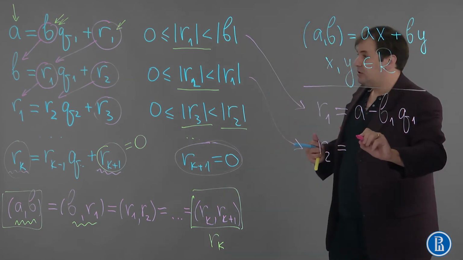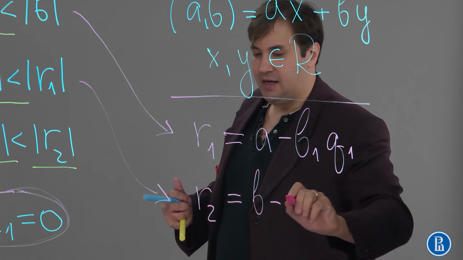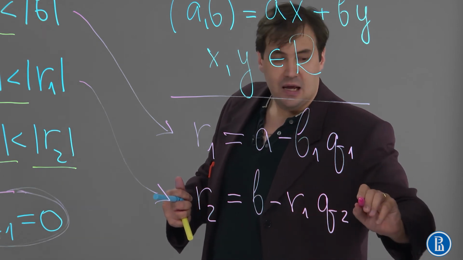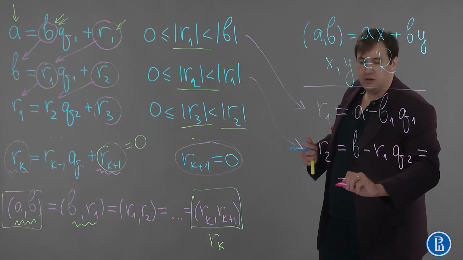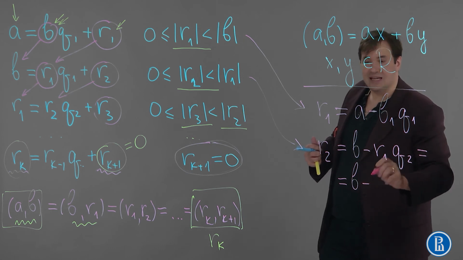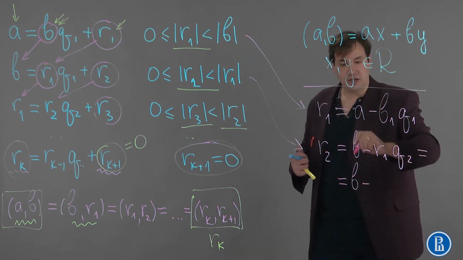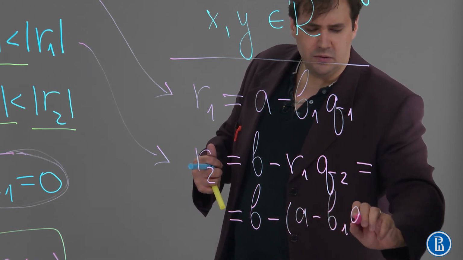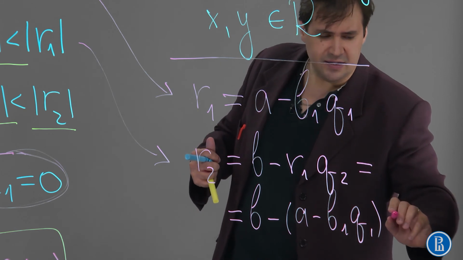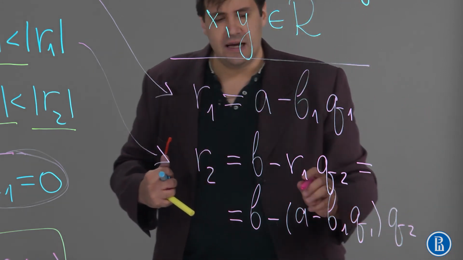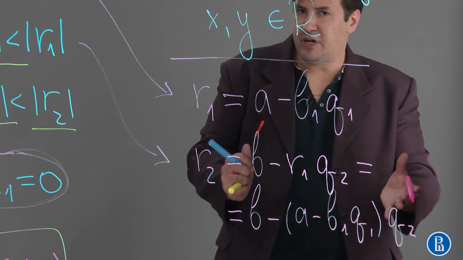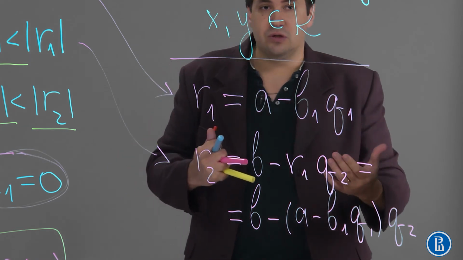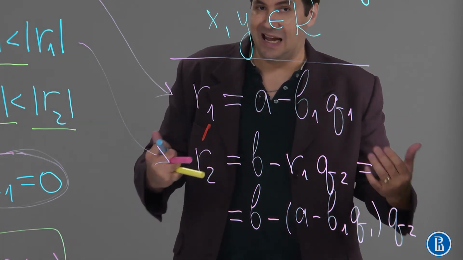We can say that it is equal to B minus R1 multiplied by Q2, which is equal to, we simply use the previous equation gained here, B minus (A minus B Q1) Q2. Actually, I don't have to read this. You can see it by yourself. But take a look at this expression. It is obvious, I think, that it is also a linear representation using A and B.